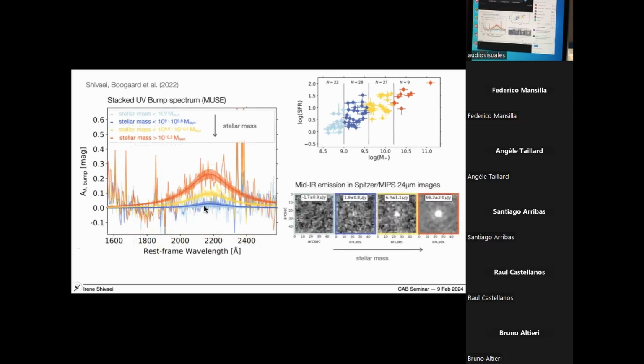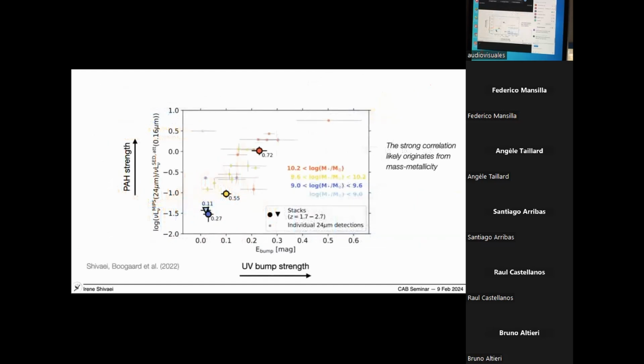And at the same time, if we stack the Spitzer images, which trace the PAH emission in the mid-infrared, we also see a strong correlation with the stellar mass. So this was one of the main results of the paper: if you look at the PAH strength as a function of UV bump strength, there is a very clear correlation. And these 4 are the same 4 stellar mass bins that I showed you.